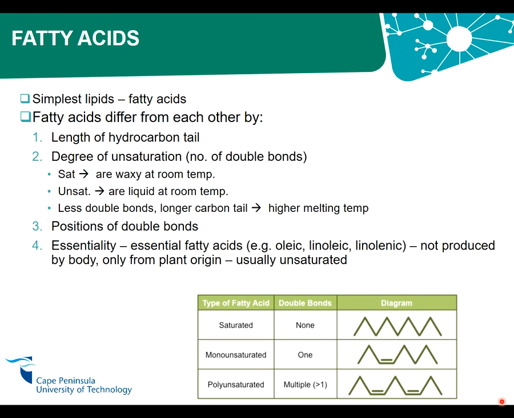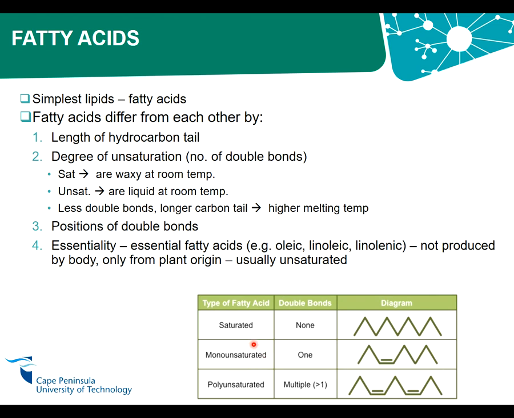Fatty acids also differ in terms of the degree of unsaturation, or the number of double bonds that can be contained. If we look at this molecule here, this is a saturated fatty acid. It has no double bond, right? If you look at the structure here, in this chain, there are no double bonds.